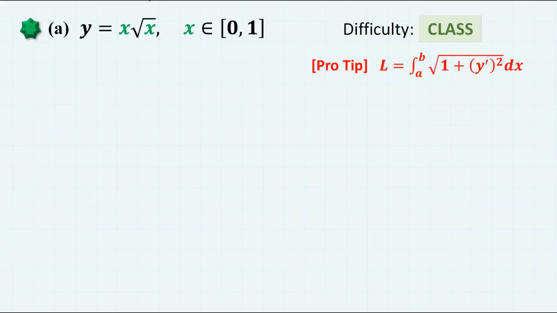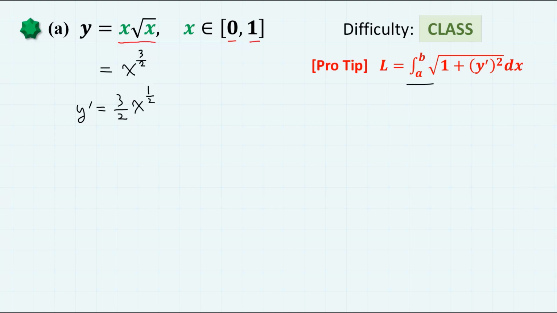As for the first problem, the curve is y equals x times square root of x, where x is from 0 to 1. The equation can also be written as x to the power of 3 over 2, which gives the derivative 3 over 2 times x to the power of 1 over 2.